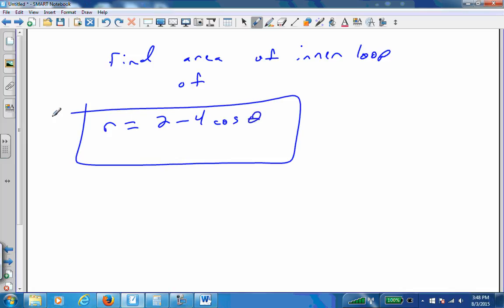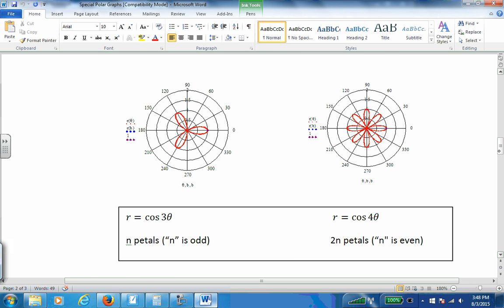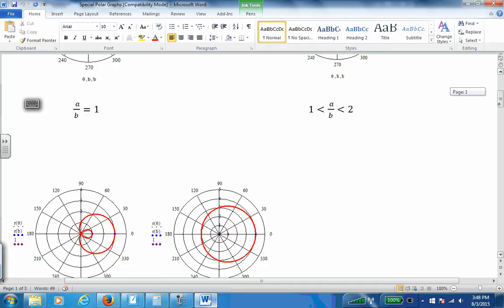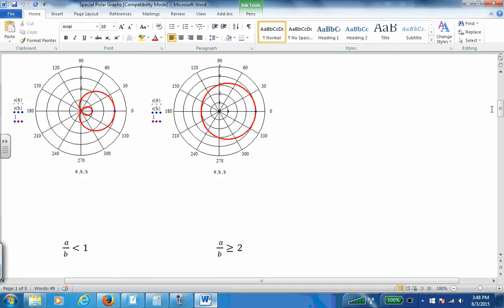Once we graph it, then we can figure out what this inner loop business is. Keep in mind, this is of the form a plus or minus b cosine theta, so a over b is 1/2. If we look at our sheet that I'm going to give you, if a over b is less than 1, we're going to have a graph that looks like this.